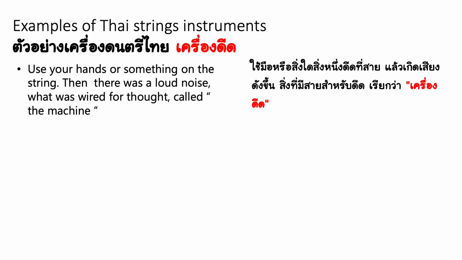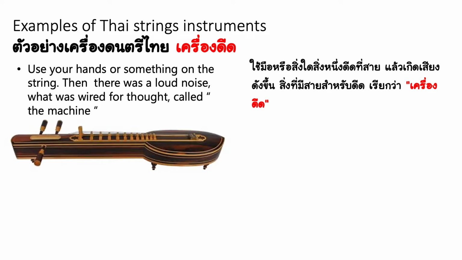Now, one example of Thai musical instruments is Thai string instruments. Thai string instruments are played by using your hands or something on the strings.